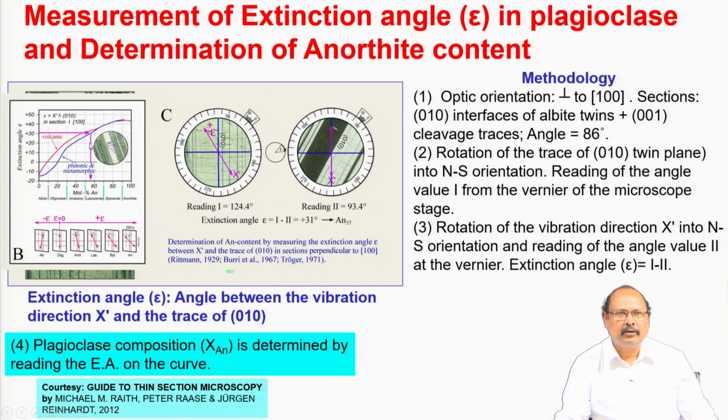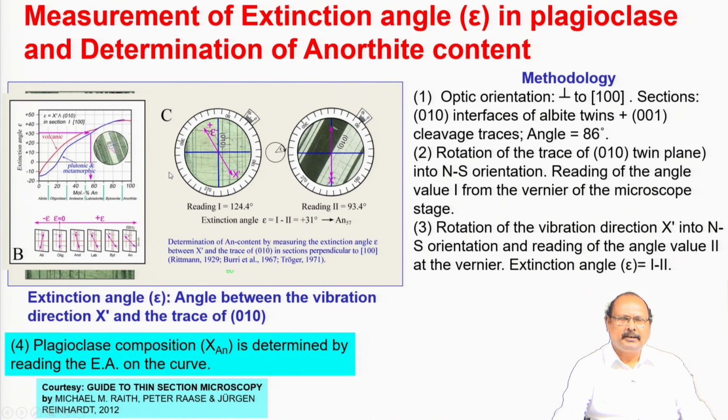At this point, you can see the plagioclase composition. From left to right, the anorthite content in plagioclase progressively increases, and here that value comes out at say anorthite 57.